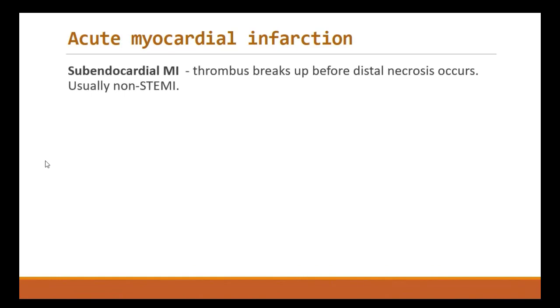Now, let's talk a little bit about acute myocardial infarction. Infarction means there is necrosis and the muscle cells have died. There could be subendocardial myocardial infarction, which means it is only affecting a small area under the endocardium. Usually this is non-ST elevation myocardial infarction, where there was no ST elevation, but the enzymes were raised.